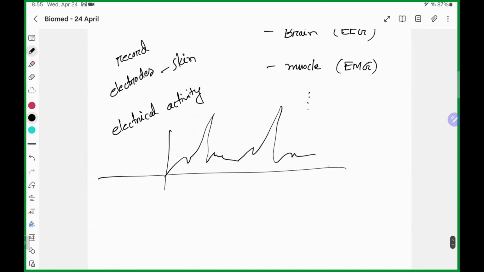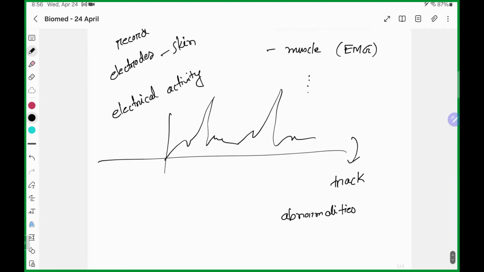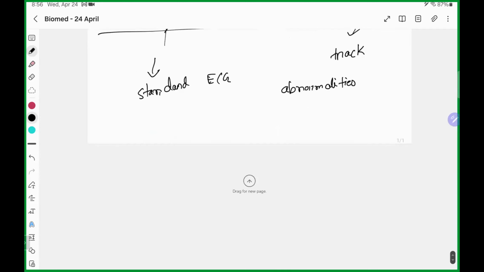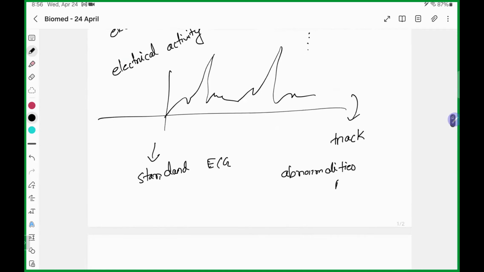By keeping track of this electrical activity of the heart, we can see whether the heart is functioning properly or not. We know what a standard ECG should look like. So any abnormalities in the ECG can correspond to some diseases.